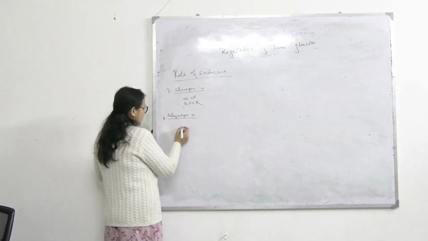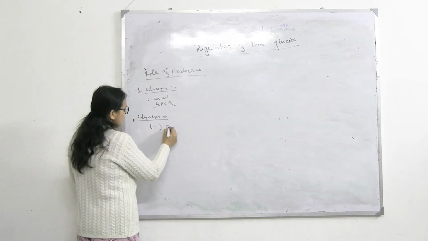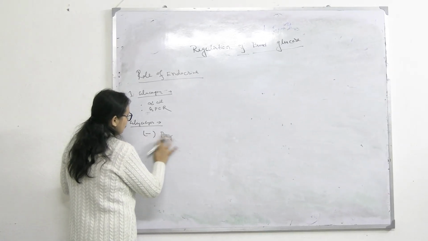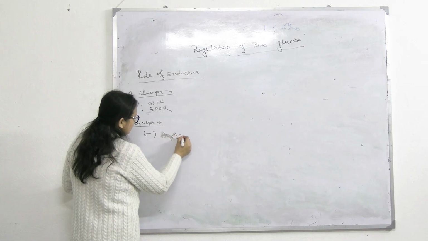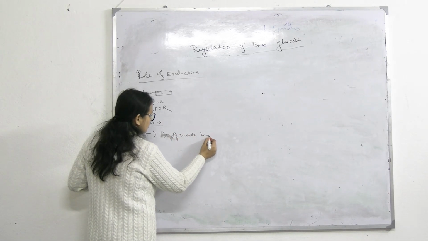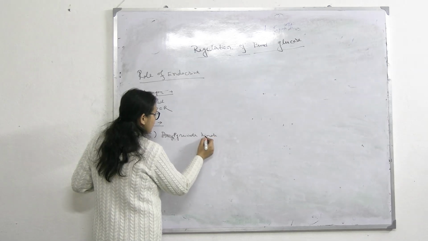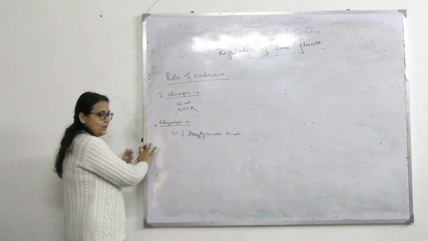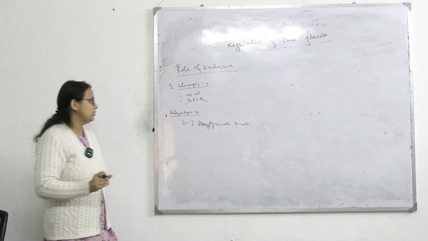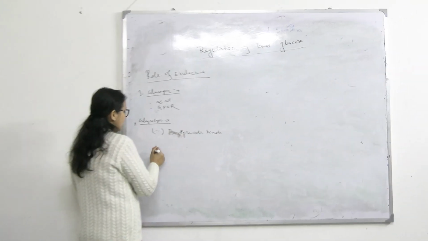So what happens in glycolysis? It inhibits pyruvate kinase. In which step is pyruvate kinase needed? The second, pyruvate. Very good. So it inhibits pyruvate kinase.